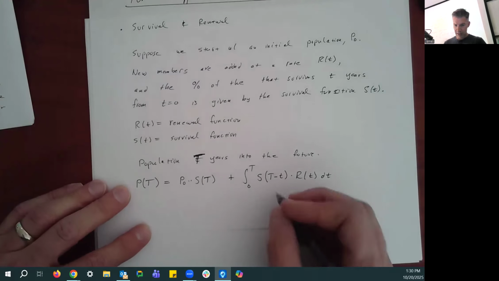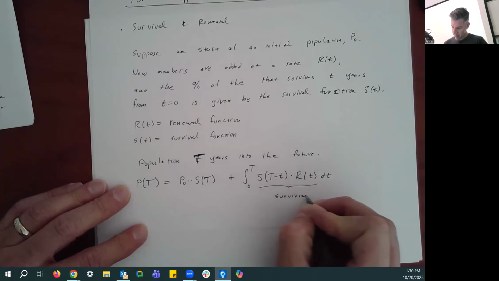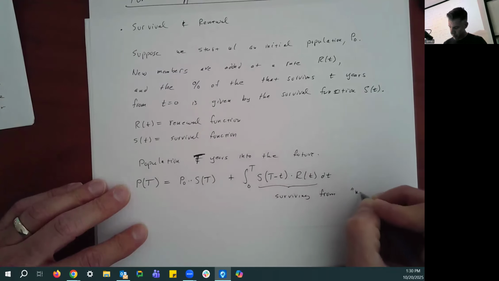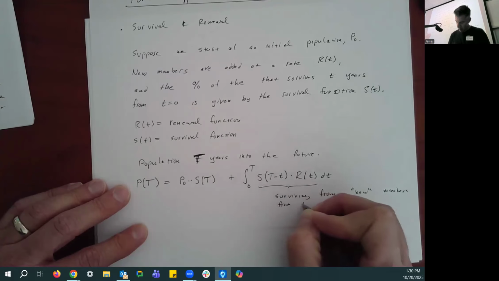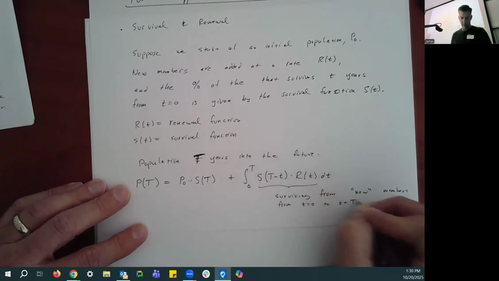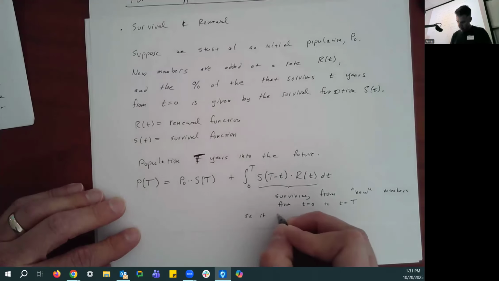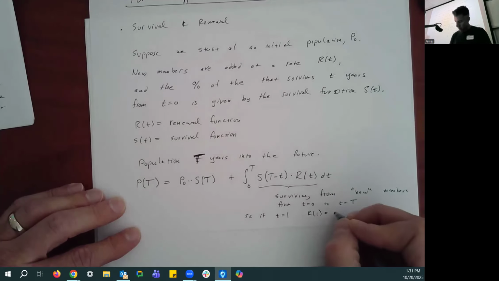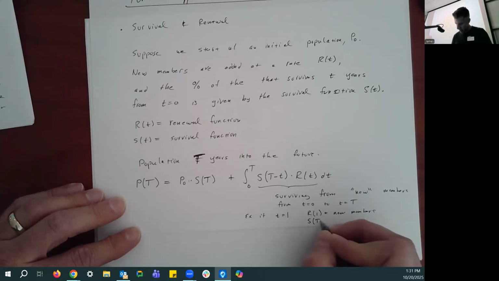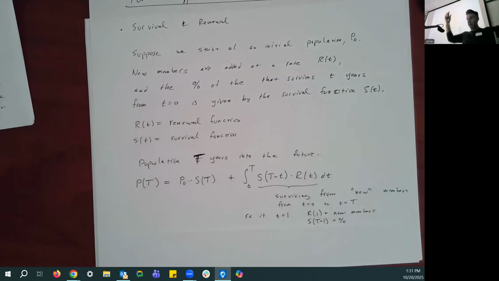This part right here is like the surviving from the new members from t equals 0 to t equals capital T. So for example, if t is equal to 1, R of 1 is equal to the new members you have after 1 year, and capital S of t minus 1 is the percent that survive the t minus 1 years they're going to be alive.